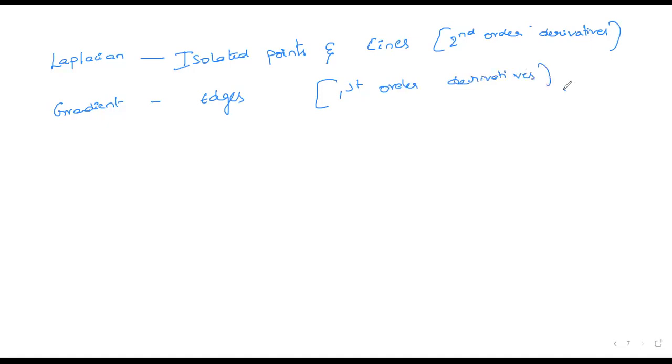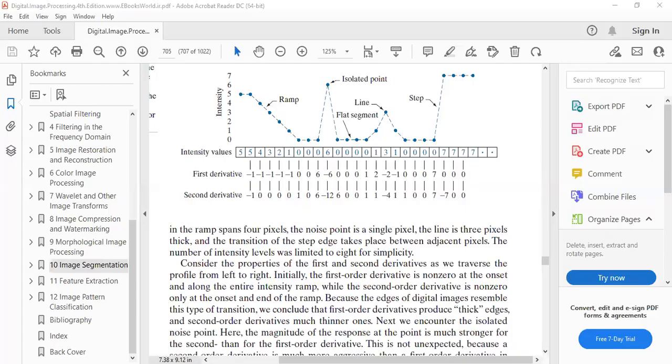Let us see a small example so that you can understand how we can identify edges and isolated points using derivatives. Let us consider an image strip.